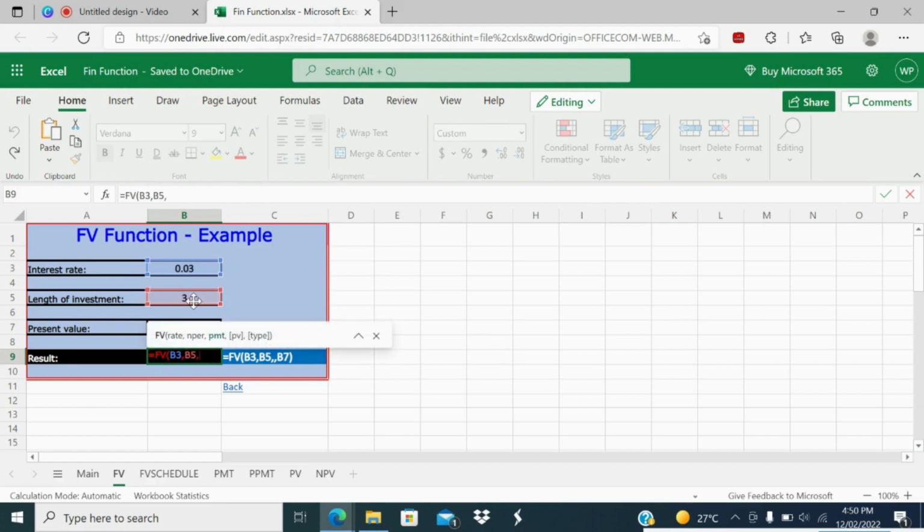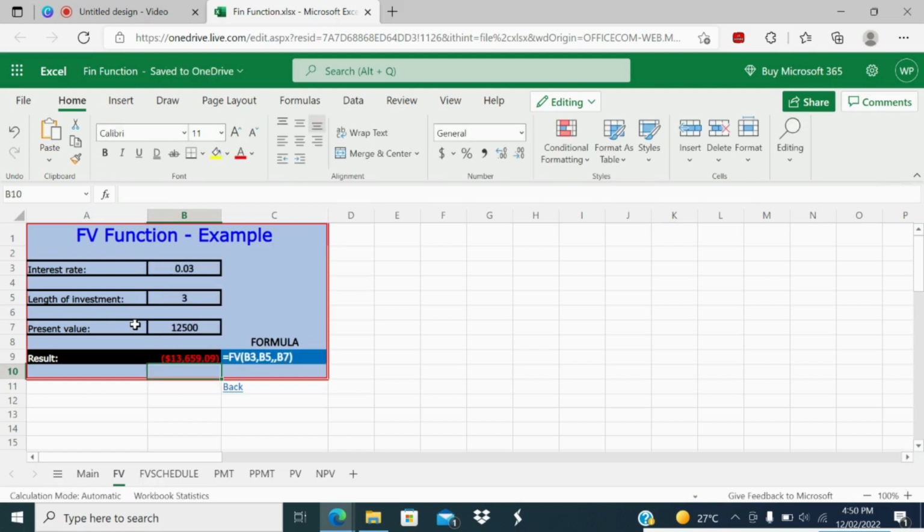PMT is the installment paid per month or per period. I'm not going to consider it here, so it's not required actually. So next comma, the present value, that is 12,500, and I'll close the bracket. So the answer is 13,659.09.